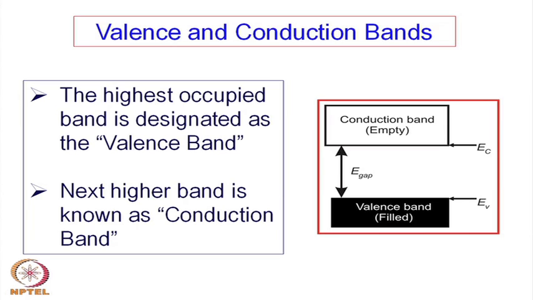Since drawing a vertical line with a gap is not a very convenient way of drawing something, for better representation we draw a horizontal line, but the width is absolutely immaterial here in any way. So, this is how we draw a band diagram.